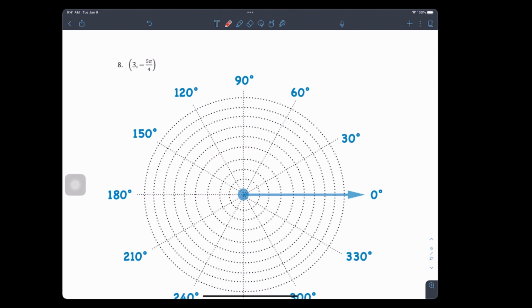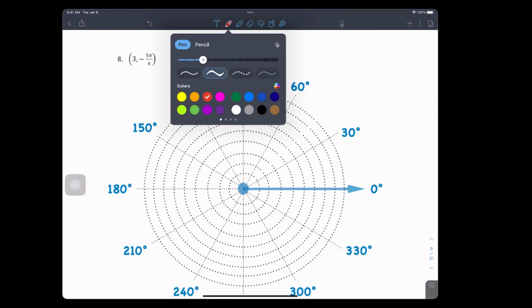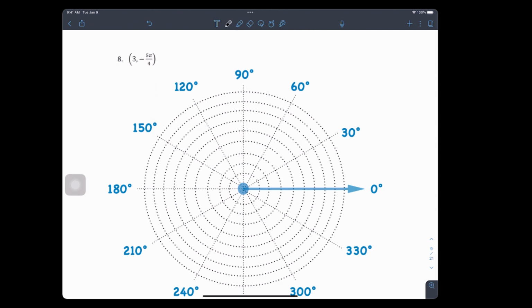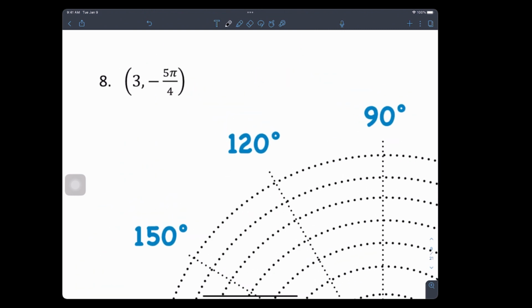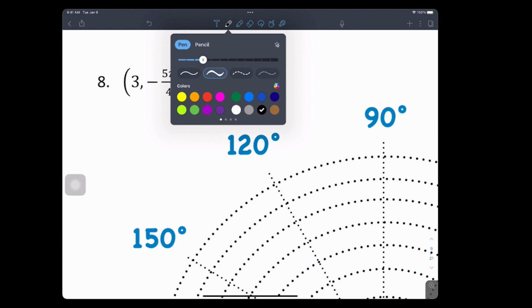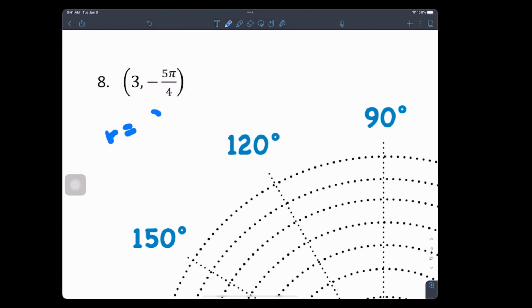Okay, where is this going to be? 3, negative 5 pi over 4. So my radius here now is 3. The angle is negative what? 5 pi over 4.